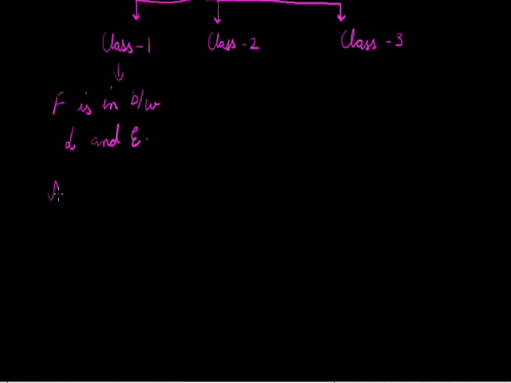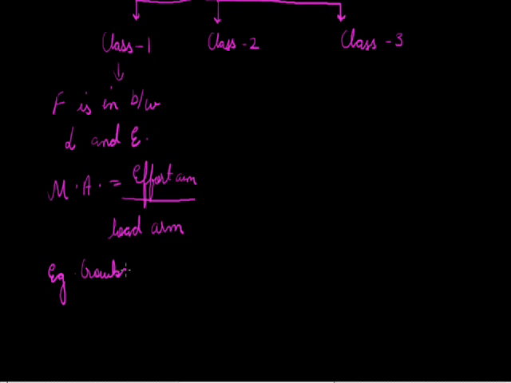So its mechanical advantage is effort arm by load arm. Its examples are crowbar, scissor, etc. Means in class 1 lever, the fixed point is in between the load which has to be moved by the machine and the effort which is applied by us.